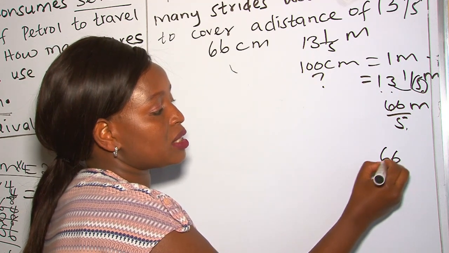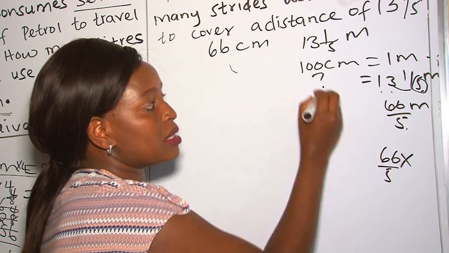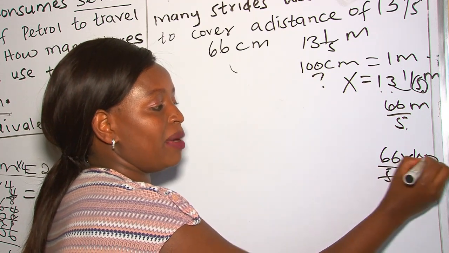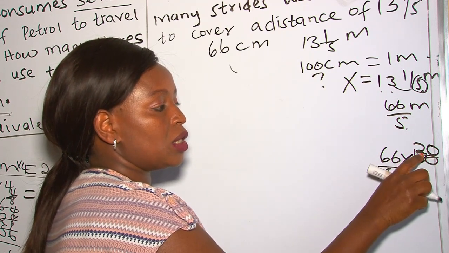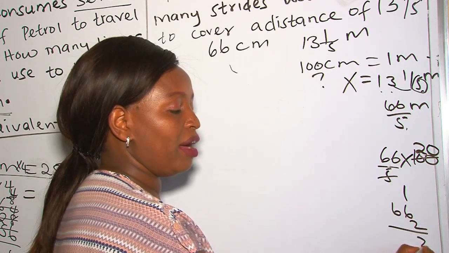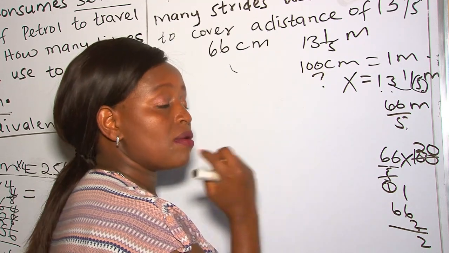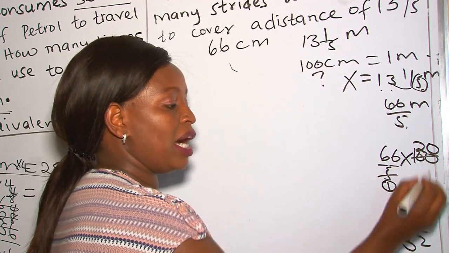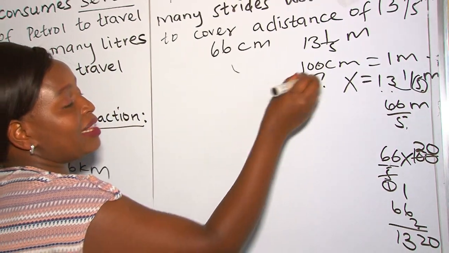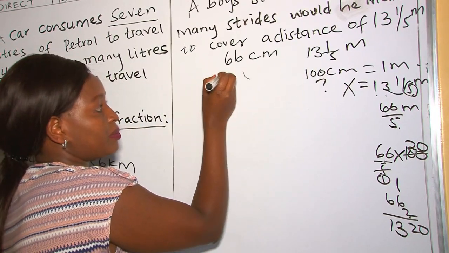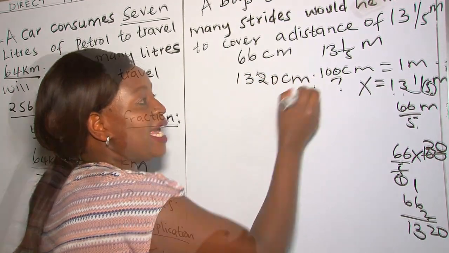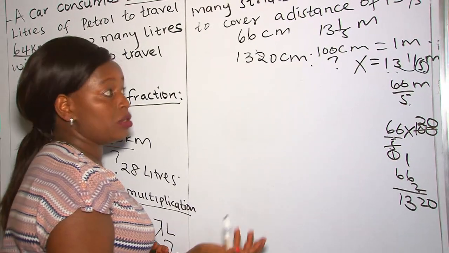So 66 over 5 times 100. By 5, 1 by 5 is 20. 20 times 66. So 66 times 2 is 132, 12 plus 1, 13, then we add our 0 there. So now the distance is 1,320 centimeters.